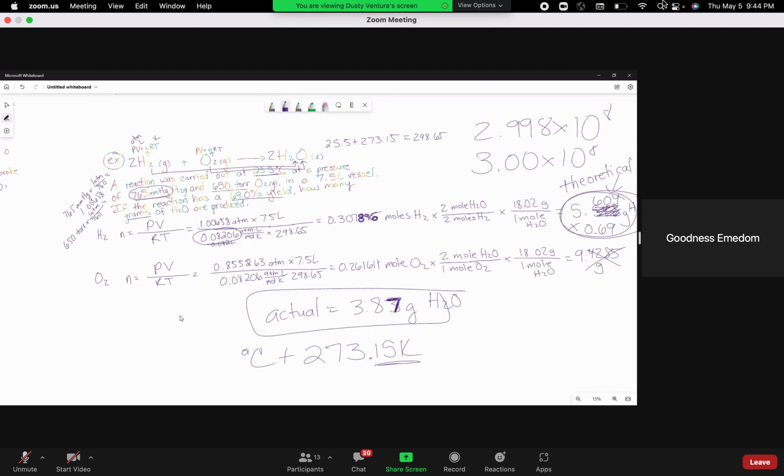The smaller is the theoretical, and we don't have to add them. Then you multiply the theoretical yield of product by the percent yield to get the actual yield, which is the 3.87.